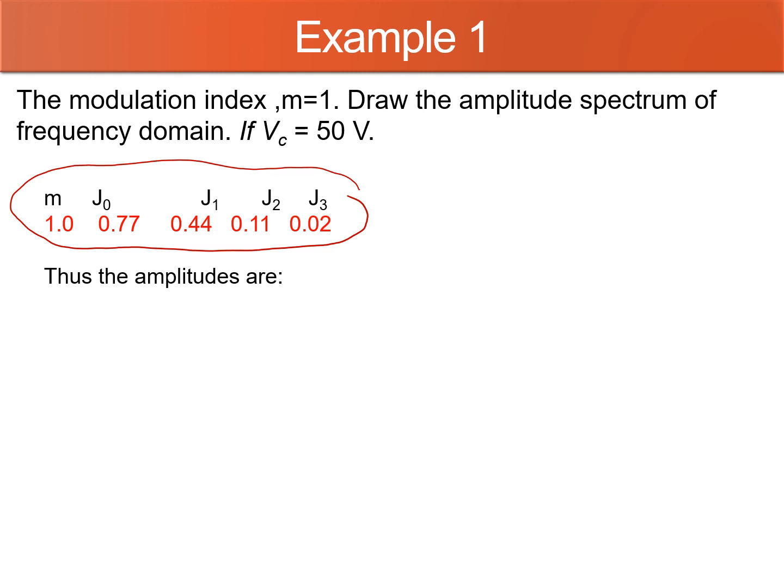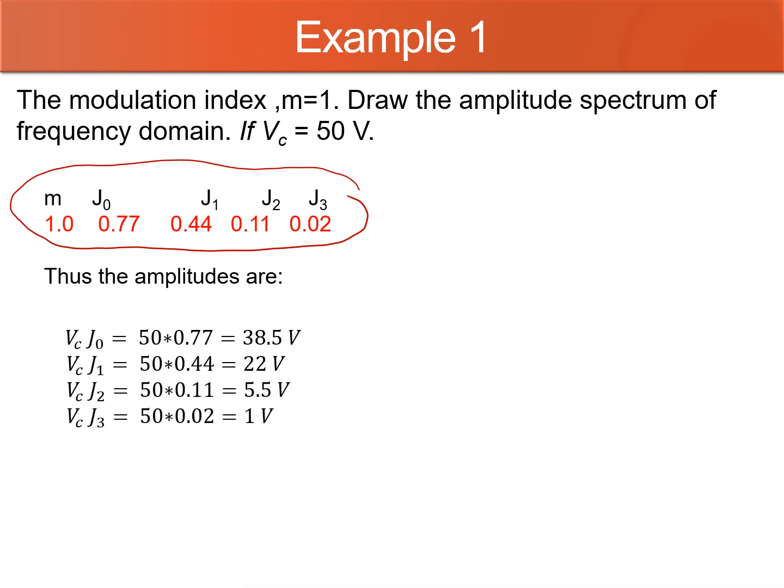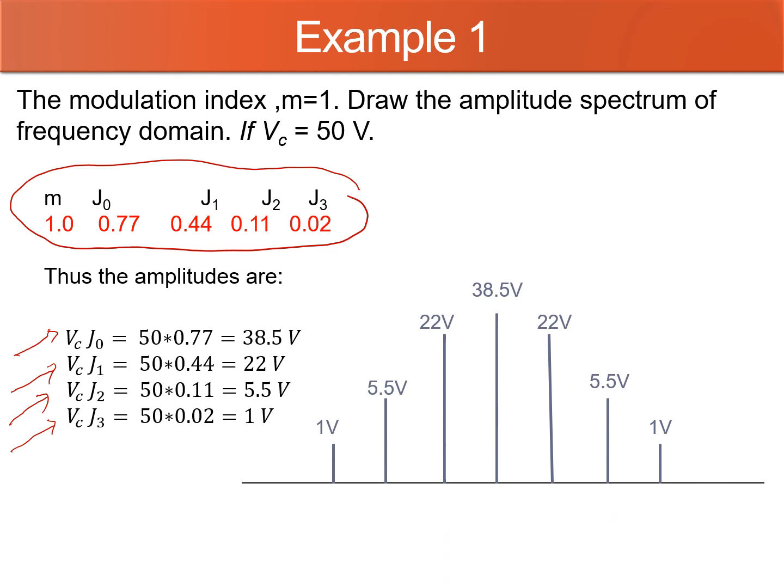Thus, the amplitudes are VcJ0 for the carrier, VcJ1 for the first amplitude, VcJ2 for the second amplitude, and VcJ3 for the third amplitude. And here is the amplitude spectrum of M equals to 1.